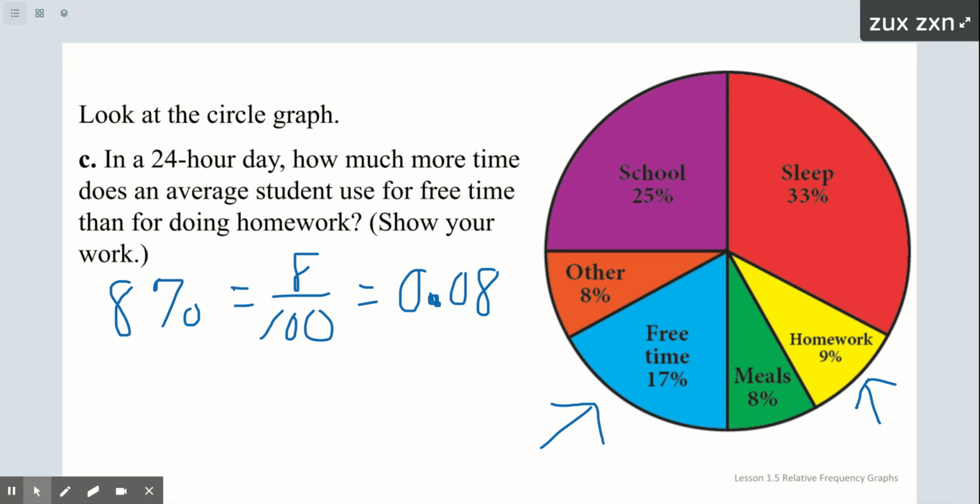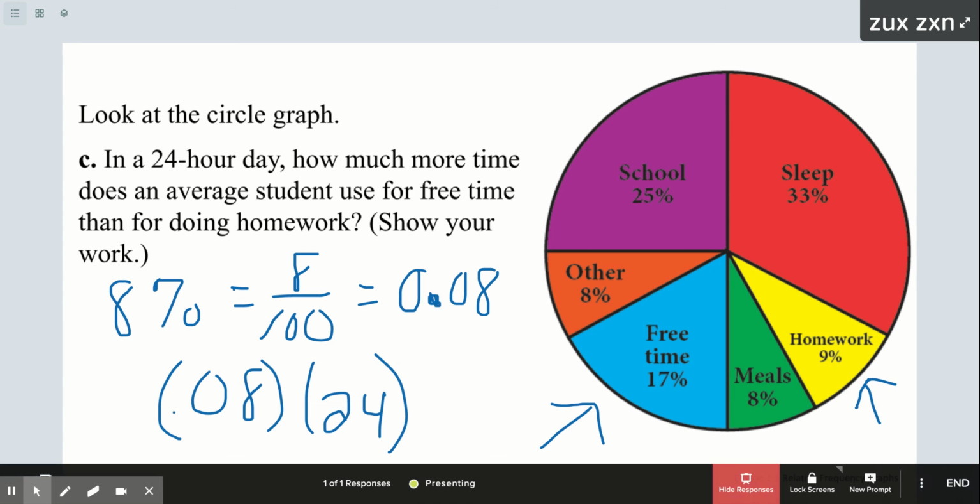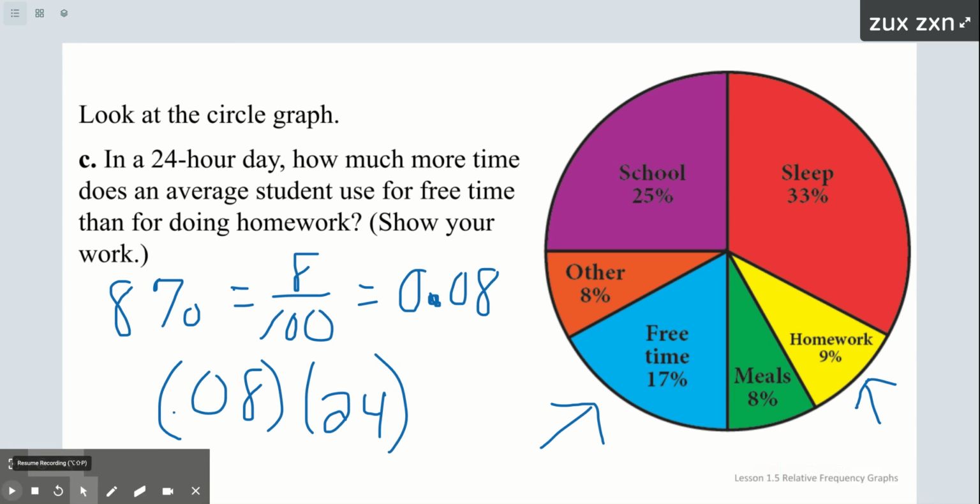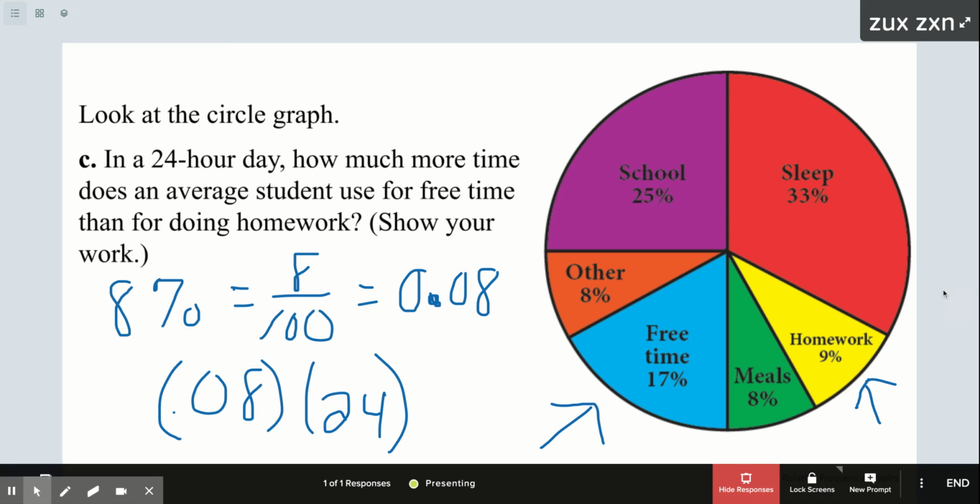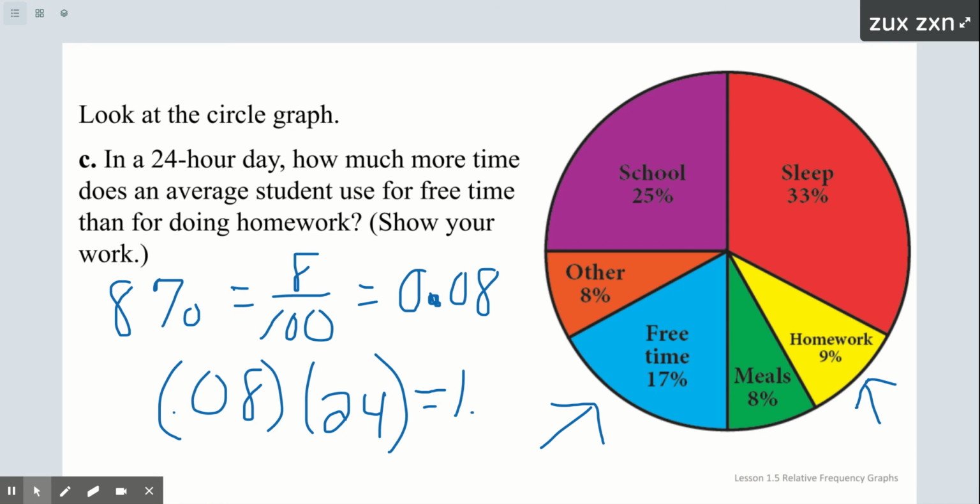And then I can take 0.08 times 24, which is 1.92.